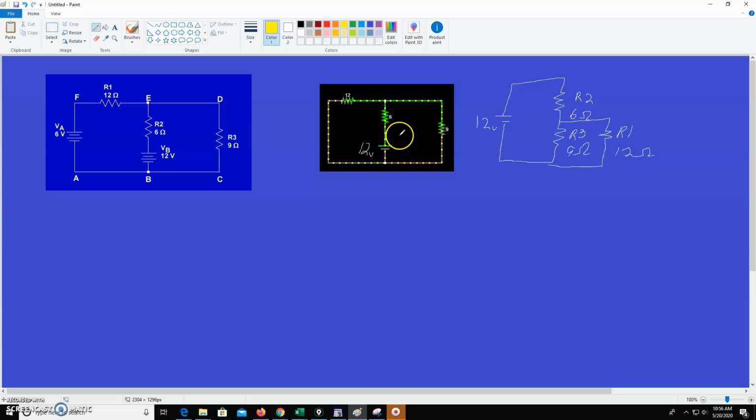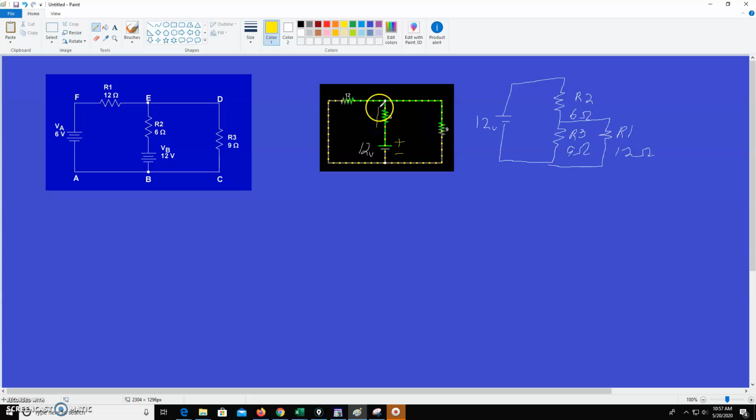Now the other thing we need to do is establish current flow. So I'm just going to leave from my positive and go back to my negative. So we know that this is a plus and this is a minus because the long line is always positive.